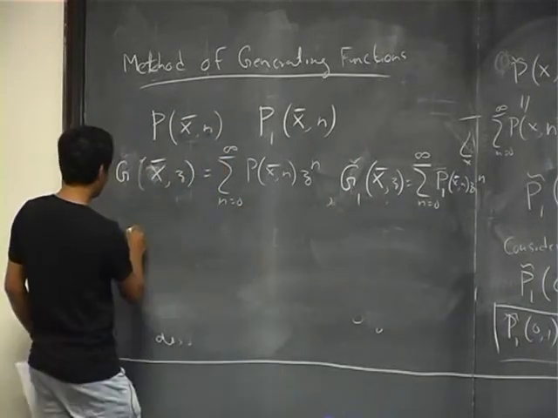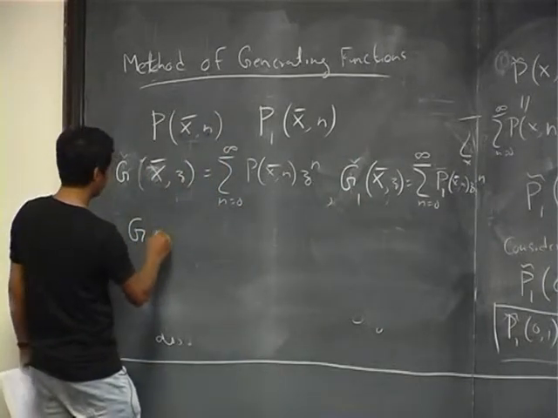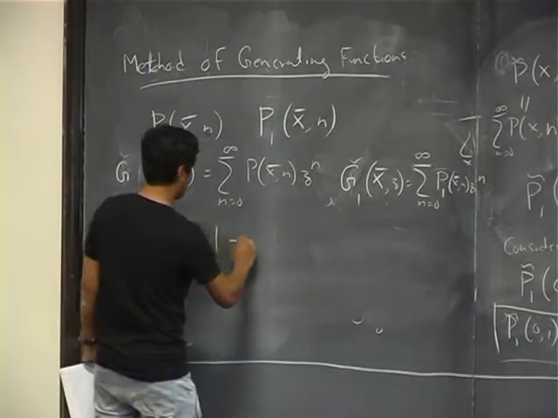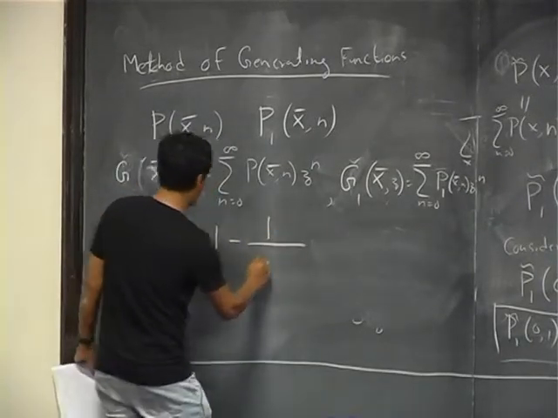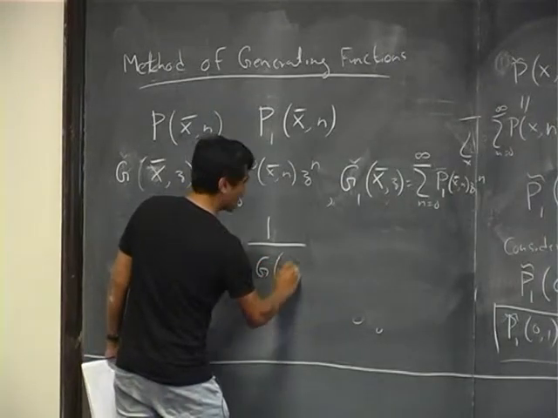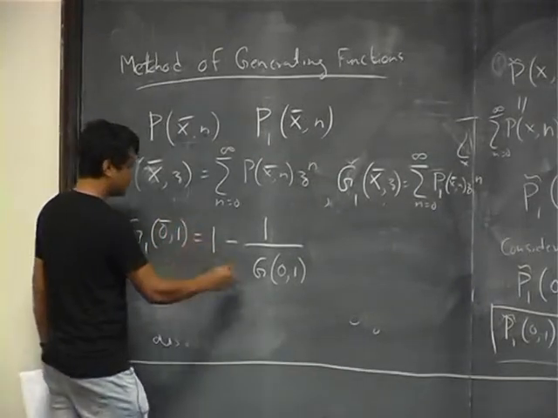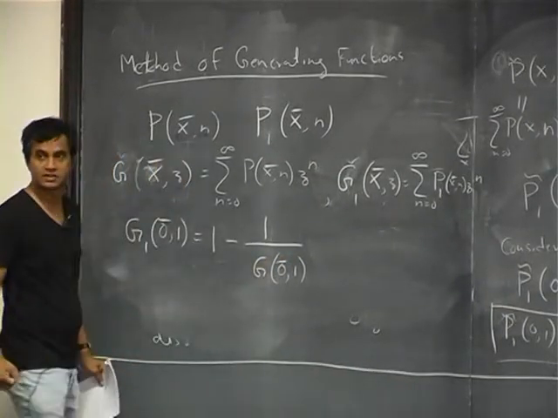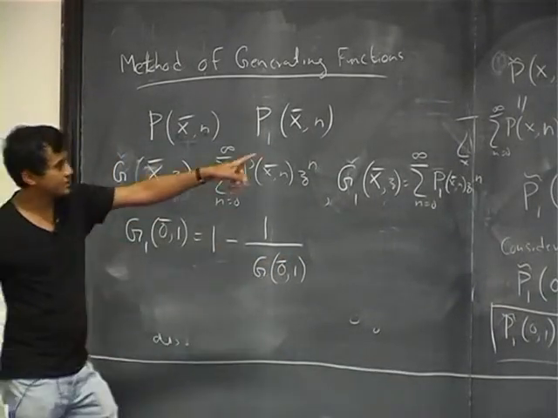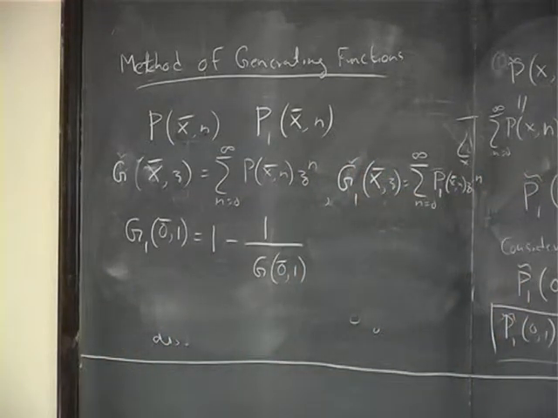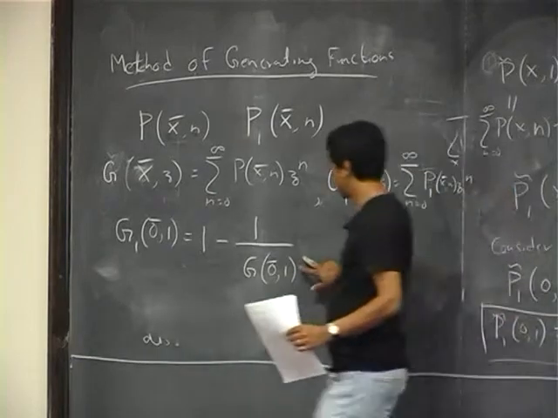And the result we obtained was G1. Now this is the origin. This result is a very general argument, right? This is always valid. I didn't use one dimension anywhere here. So this is true.